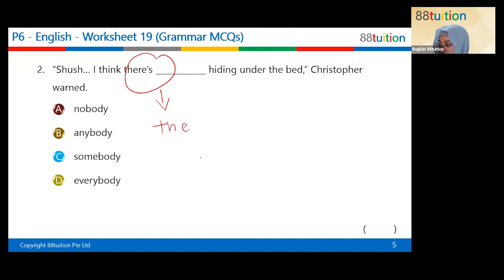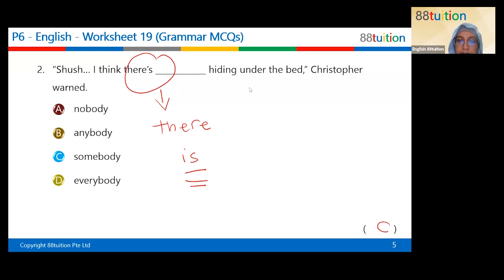There is, so it shows there's only 1%, so there is somebody, so the answer should be C, because there is somebody.